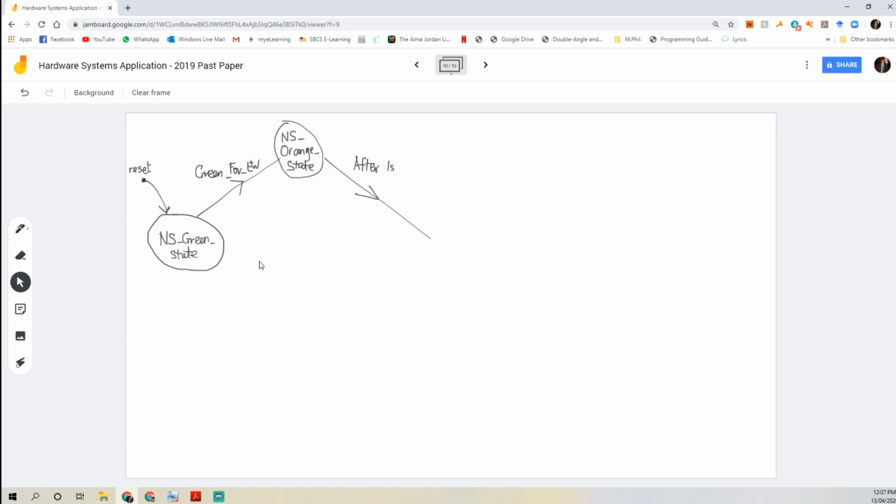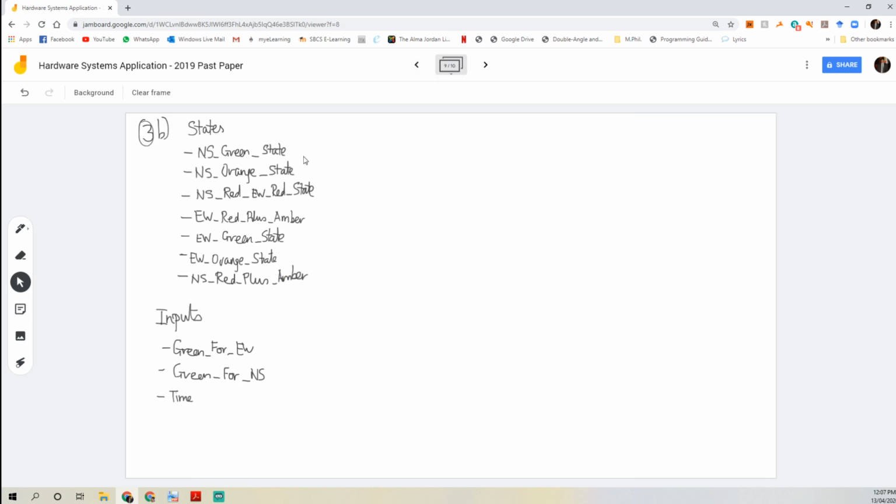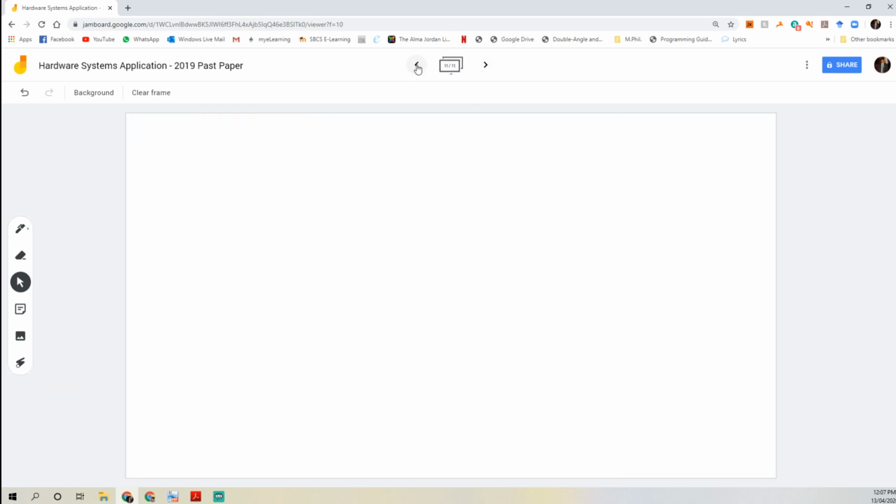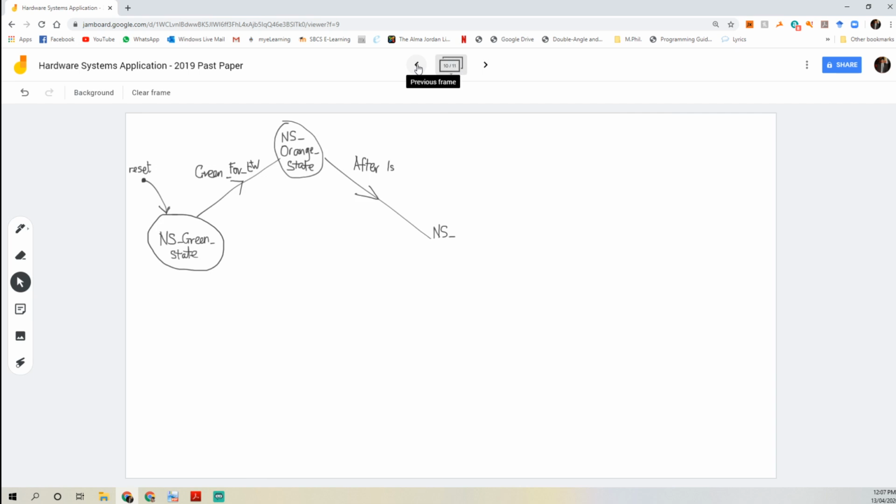And when we go from north-south orange into the red state, we know that that is the state where both of my lights are red. We call that state north-south red, east-west red. Okay, so we have here north-south red, east-west red state.